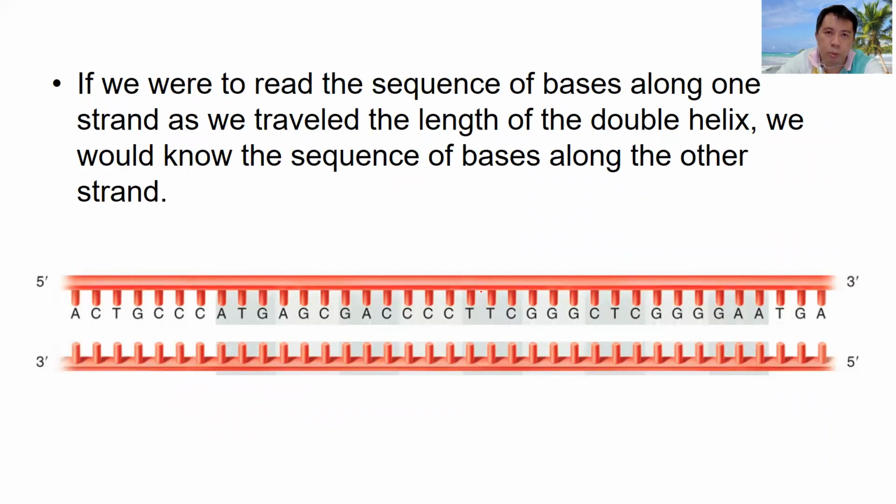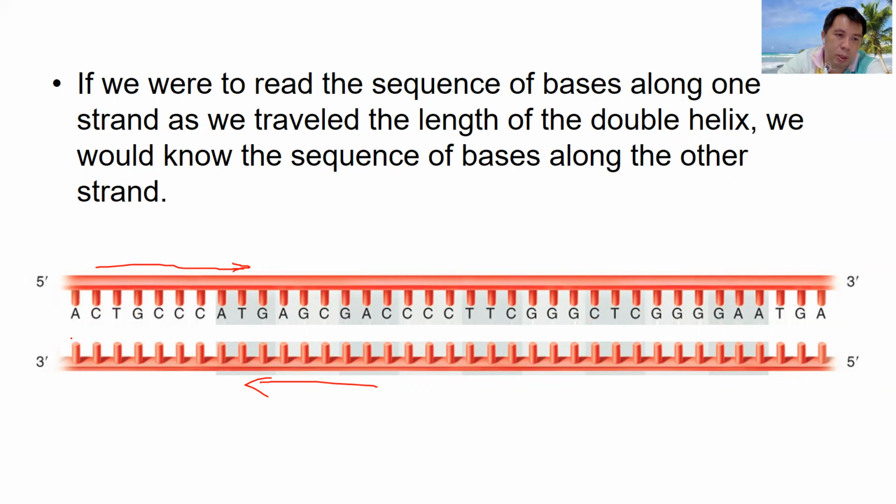If we were to read the sequence of the bases along one strand, as we travel from the 5' end to the 3' end, we would know the sequence of the nitrogenous bases on the complementary strand. For example, here from the 5' end to the 3' end is A, C, T, G. So from the other strand, we would know the base sequence.